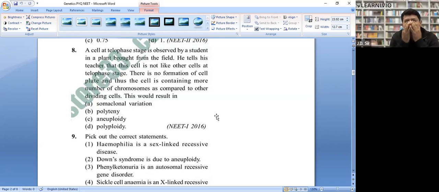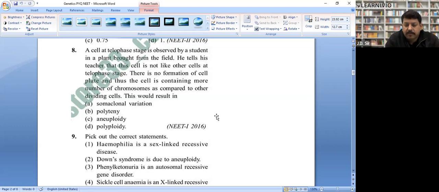The answer will be D. But how do we make polyploid cells, and why does cell plate formation not take place? How do we make the polyploid cell? We use a chemical.